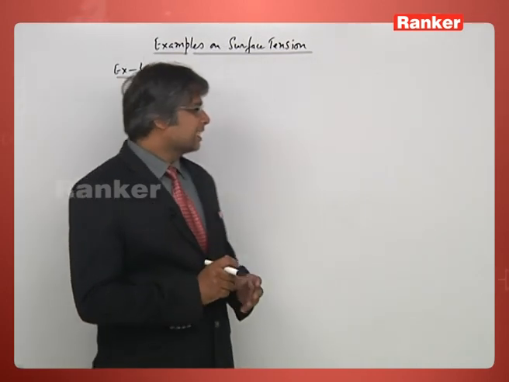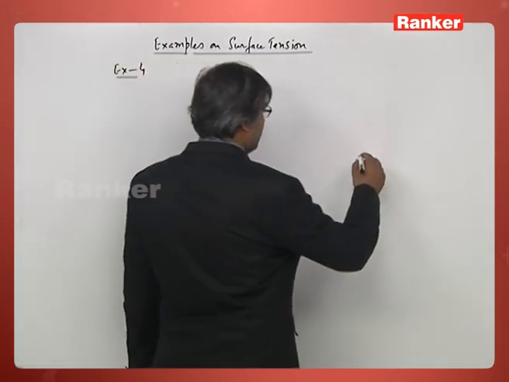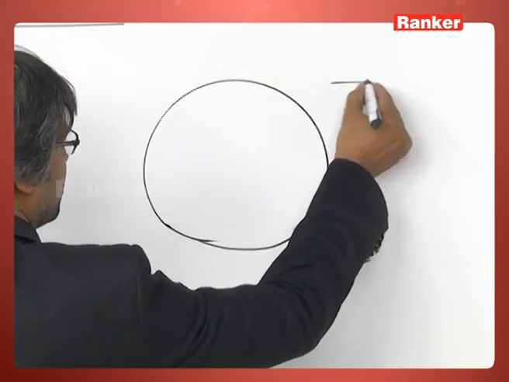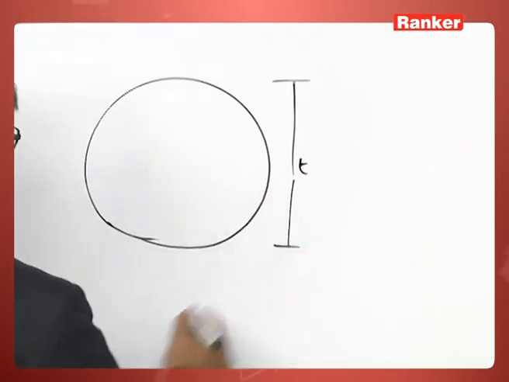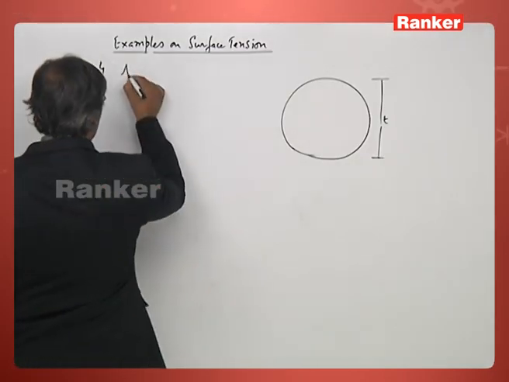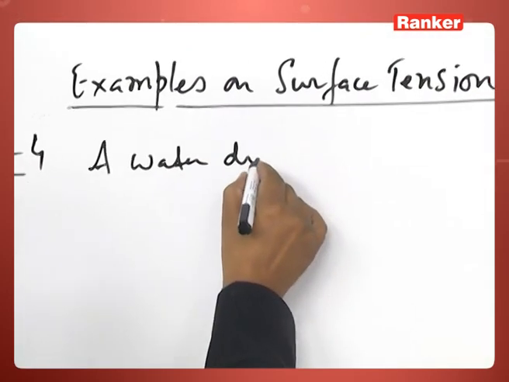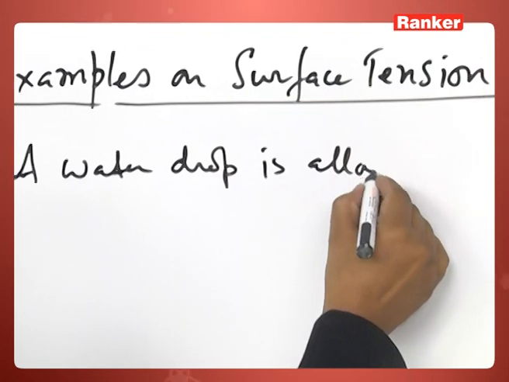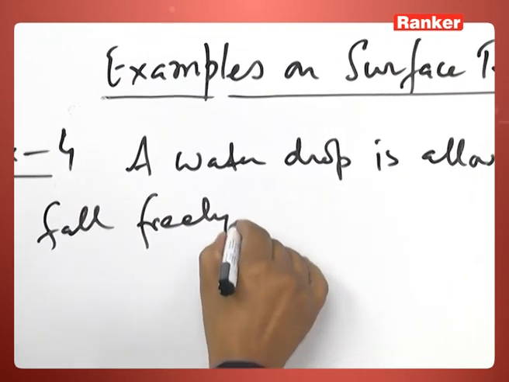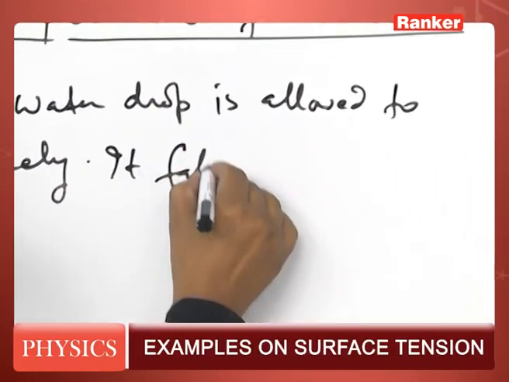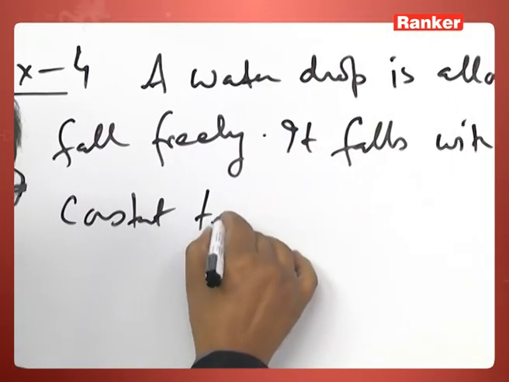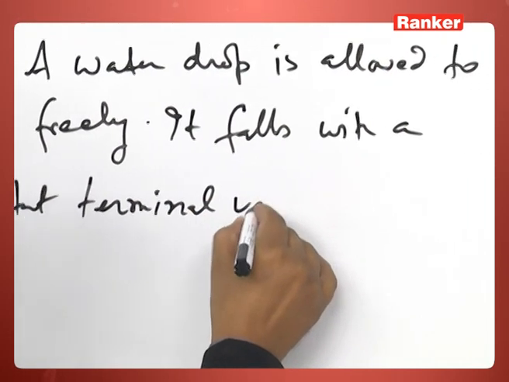So now let us consider a drop of thickness t, and this drop is allowed to fall freely. A water drop is allowed to fall freely. It falls with a constant terminal velocity.